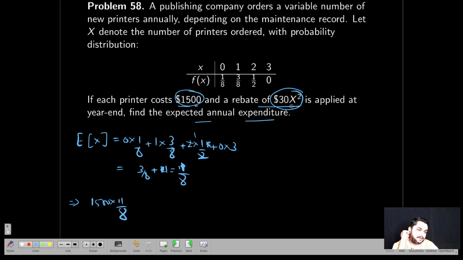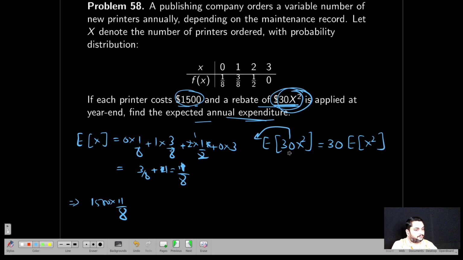Now, he has to use the money from this to maintain things, the annual expenditure. So 30x square. They are asking to find the expected value of 30x square. The $30 becomes a constant, will bring it outside. Find E of x square. This is nothing but 0 square into 1 by 8, so the first one is 0, plus 1 square into 3 by 8 plus 2 square into 1 by 2.